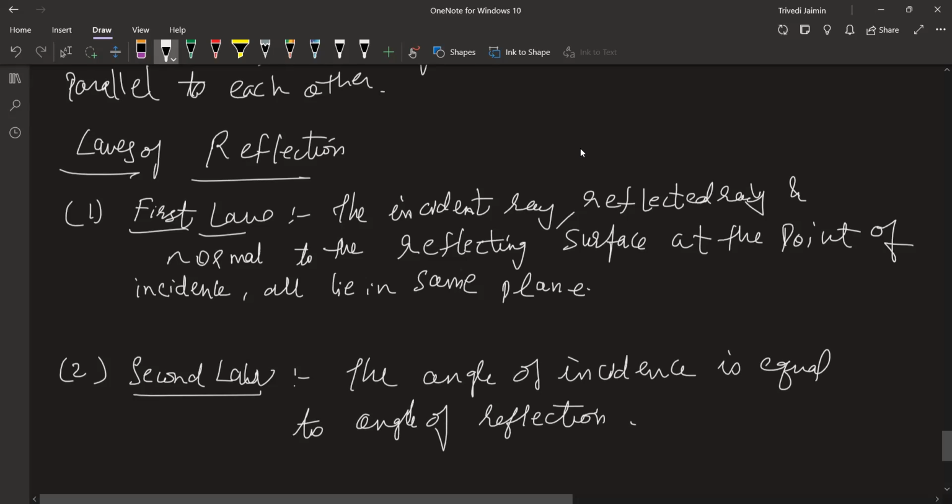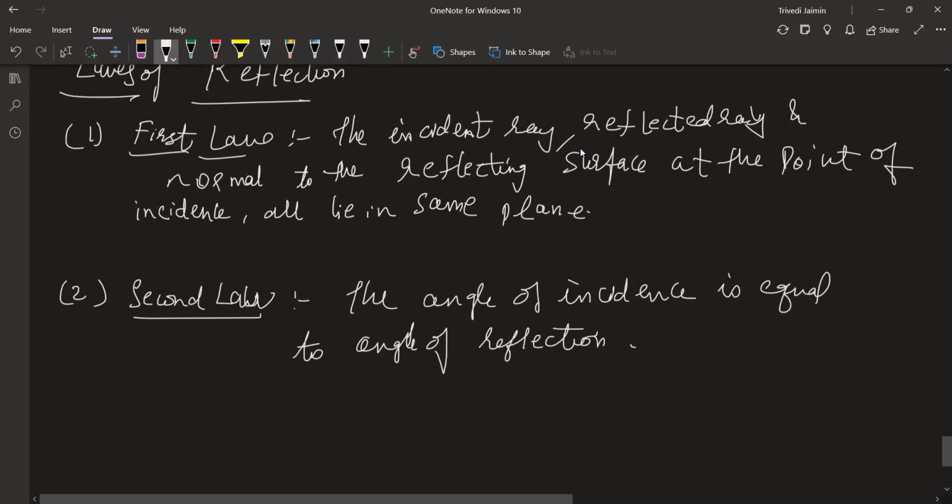Wherever there is a reflection, these laws are followed. One more, sir: the incident ray, the reflected ray and the normal lie on the same plane. Yes, that we wrote above.